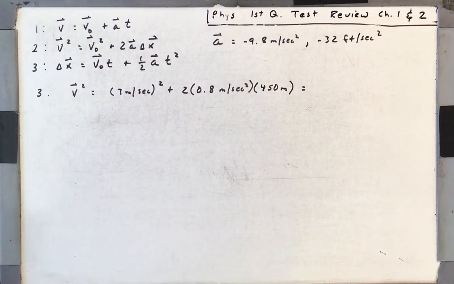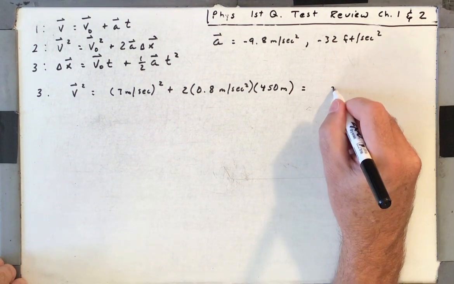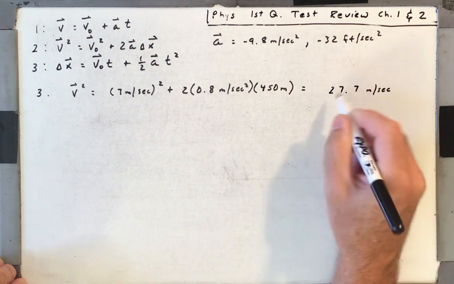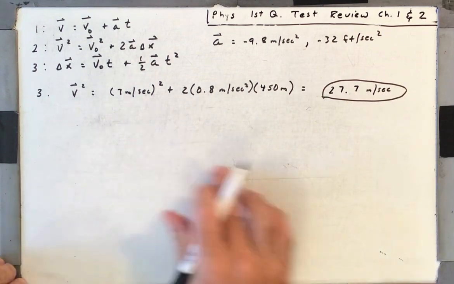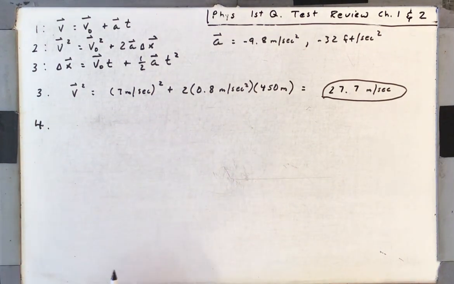All right, so probably going to be going pretty fast at the end of this because that's a lot of acceleration. 27.7 meters per second. So that IRS agent better have a pretty good horse to ride in order to catch Tyler T.